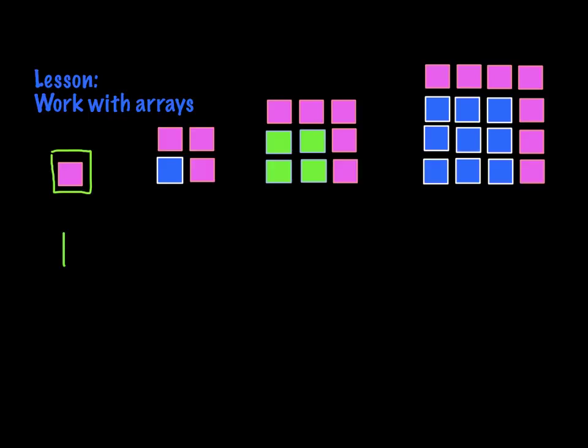Because if you total that up, I have 4 squares, and 2 times 2, which is the same number times itself, gives me 4, which means 4 is a square number. And again, I can draw a square around this array and it makes a square.